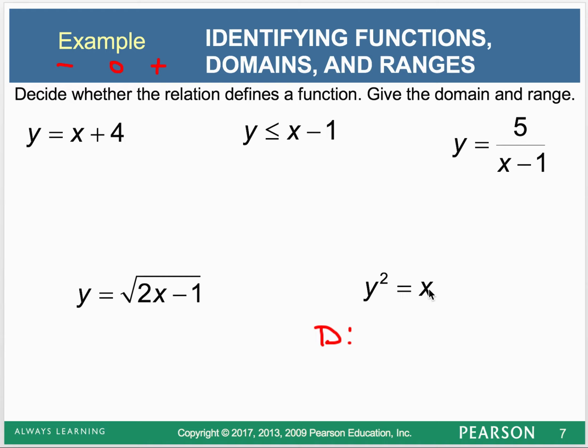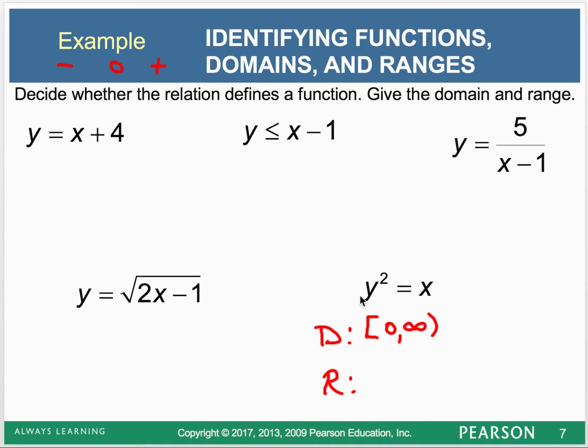Negatives are out. Is there any way you can square something and have it equal 0? Oh yeah, if you're squaring 0. Is there any way you can square something and have it positive? Oh yeah, everything. So notice this is 0 to infinity also.